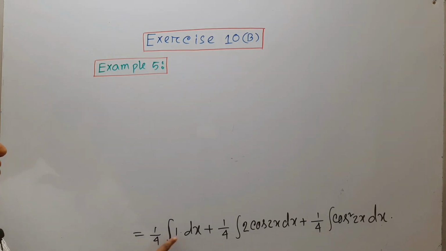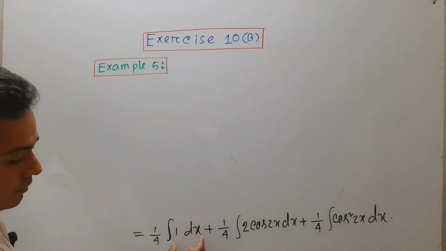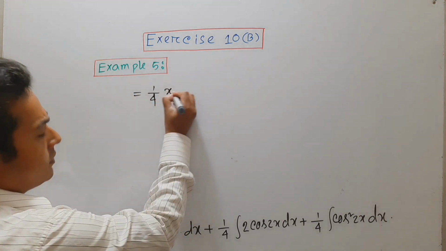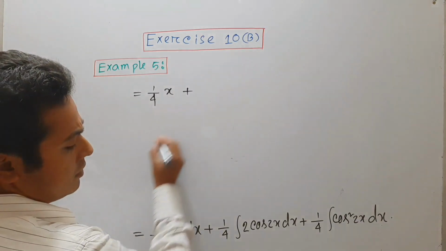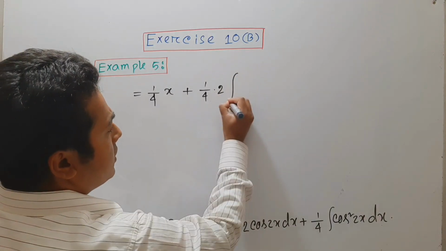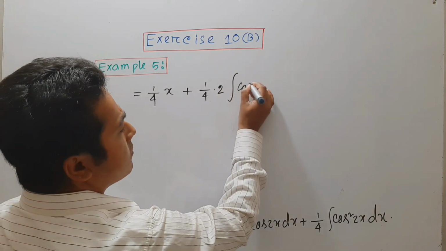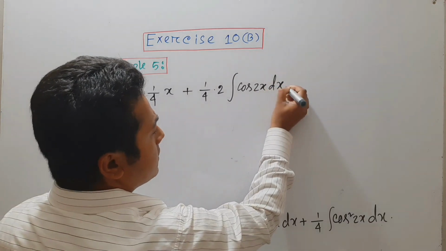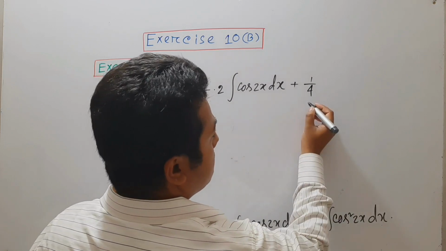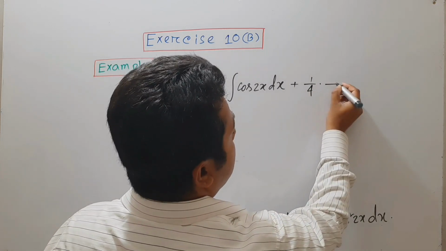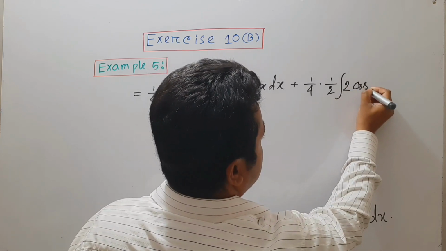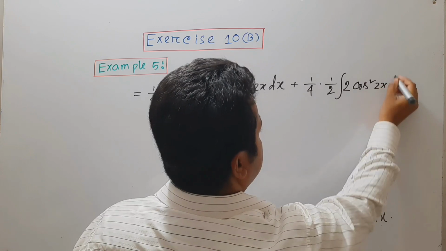Dear students, for integration of this portion, it is equal to 1 by 4 x plus 1 by 4 into 2, then integration of cos 2x dx, plus 1 by 4 into 1 by 2 into 2 cos square 2x dx.